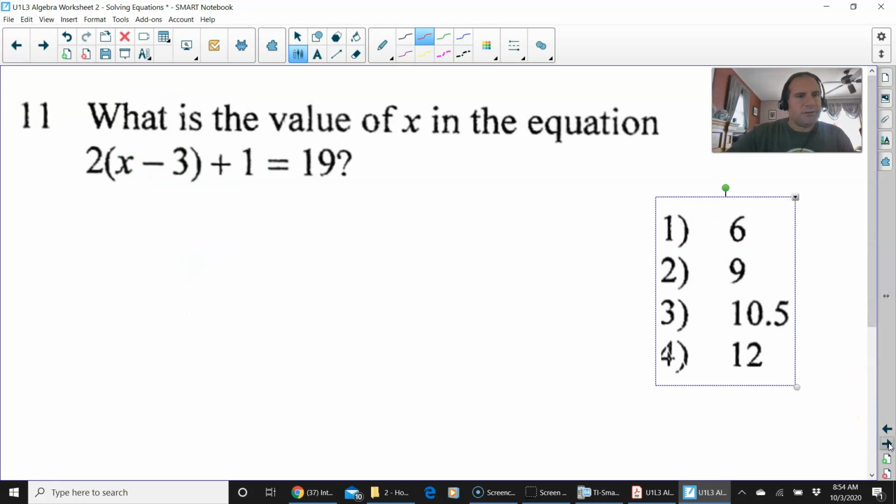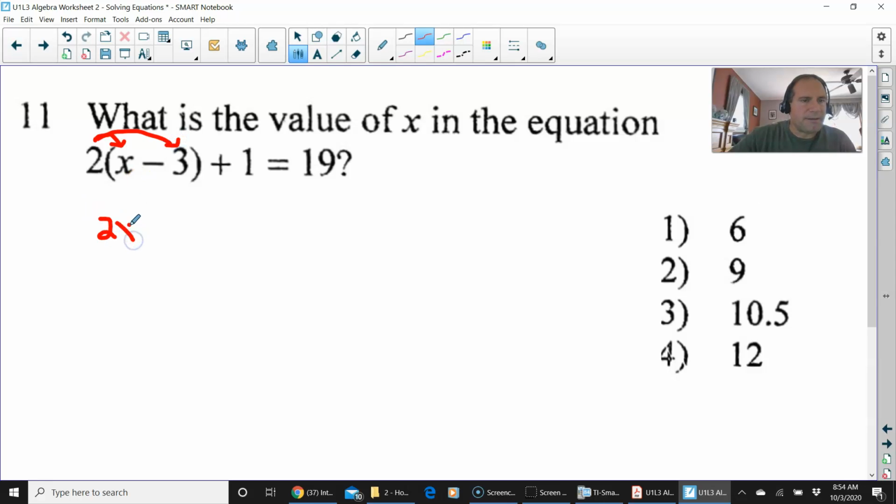Perfect. So here we go again with distributive property. You have those loops, just make those loops, it'll just be easier for you. 2x minus 6, right, because 2 times negative 3 is a negative. Then I'm going to bring down the 1, and I have the 19.